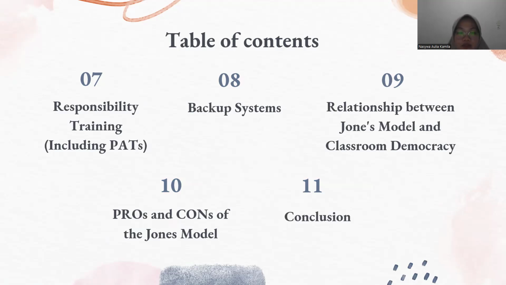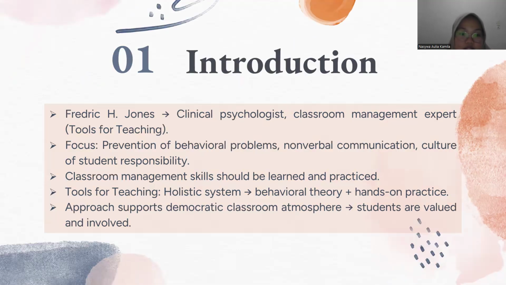So, first, I will introduce you to who Frederick H. Jones is and the basic ideas of his classroom management approach. So, Frederick H. Jones is a clinical psychologist who focused on helping students with special needs at the beginning of his career.